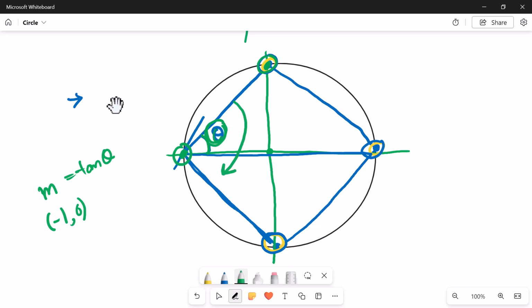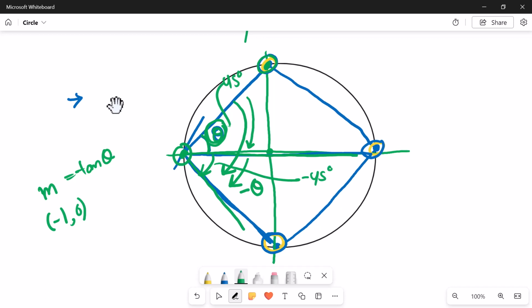Firstly for this angle theta, then some angle will be subtracted and the line will rotate like this to get to this angle, which is 0, and then again the angle will be subtracted to get to this angle, which is nothing but minus theta. In case of a square, theta will be 45 degrees, so this will be minus 45 degrees, right? This angle will be minus 45 degrees.